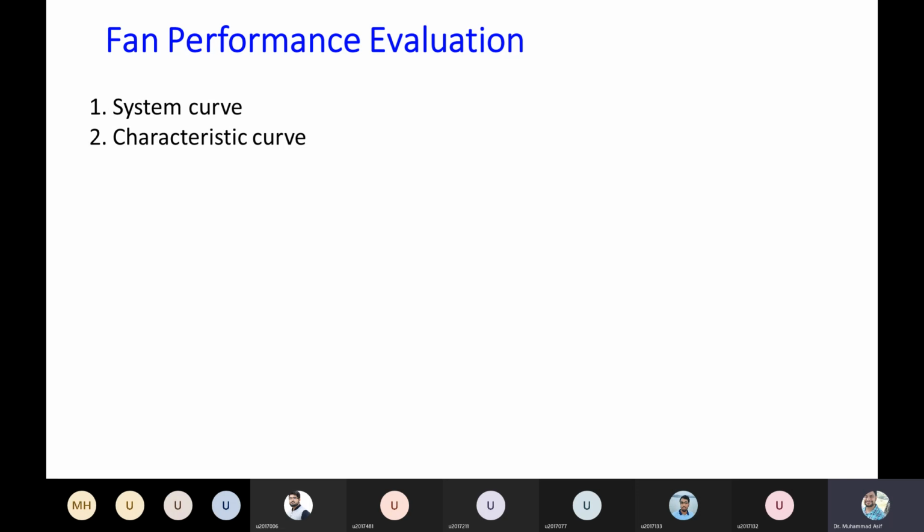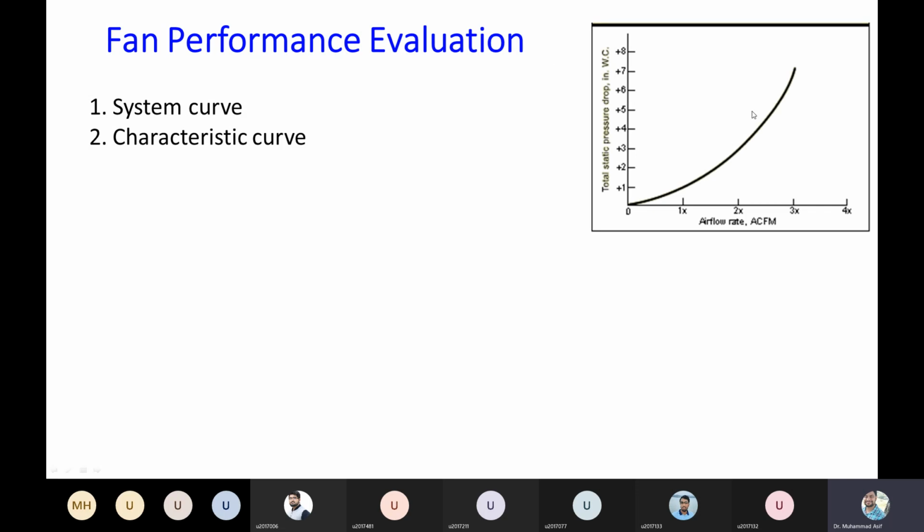When we say the system curve, for example, this is one of the system curves: the relationship between the airflow rate and the total static pressure drop, the loss in static pressure. If you are increasing the airflow, the pressure drop will be increasing. So that's called the system curve.